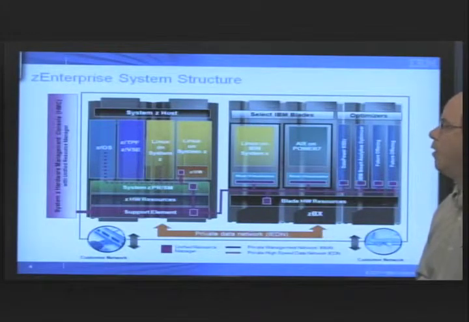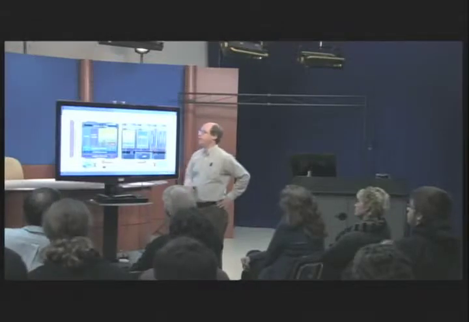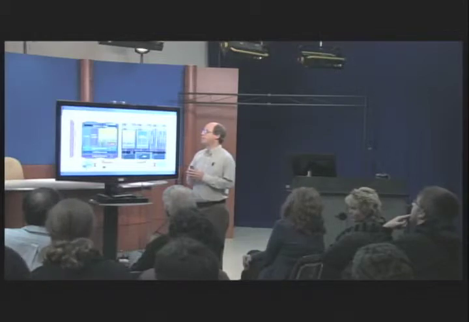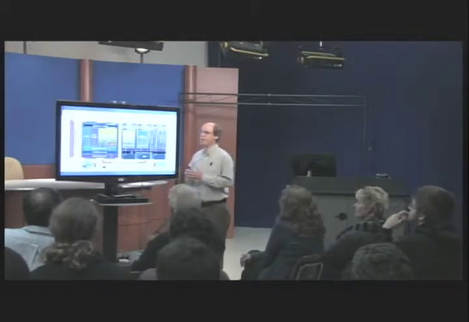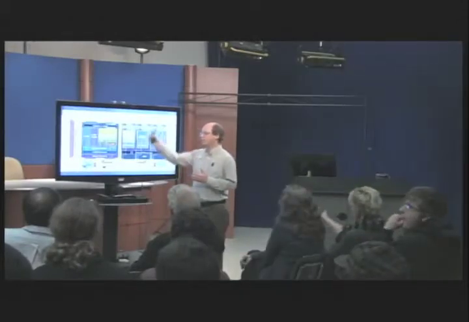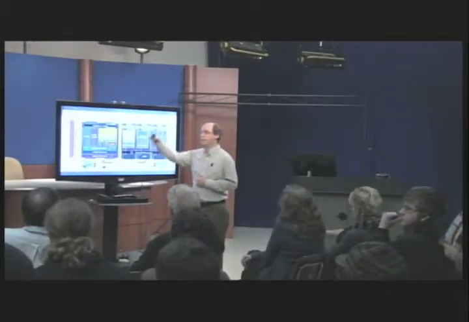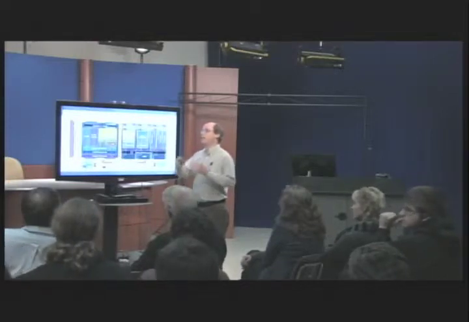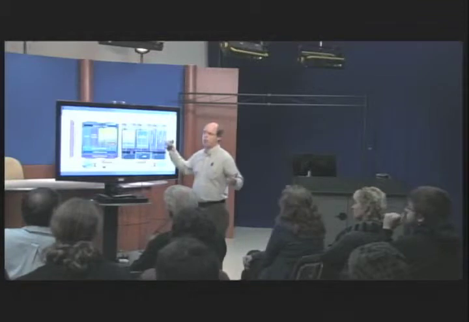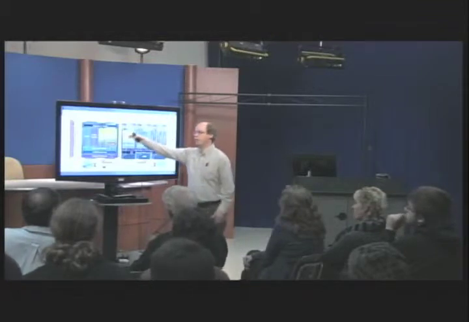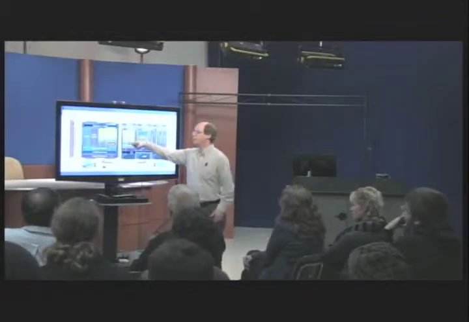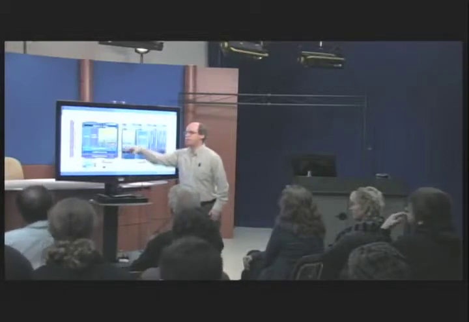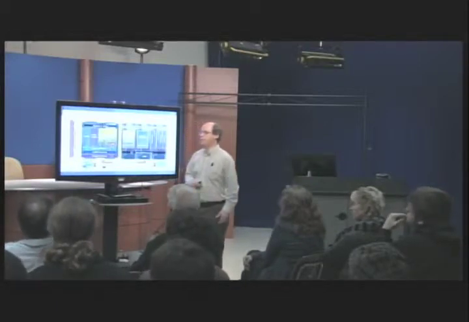Running on top of z/VM, it's a more virtualized environment, so you have more flexibility in creating these virtual servers, the Linux systems on z/VM. You can create a larger number of them because memory is virtualized to the guest on z/VM. It's not virtualized on the base PR/SM environment.